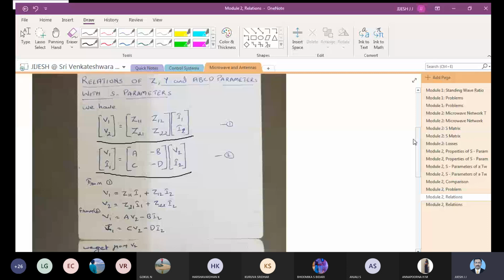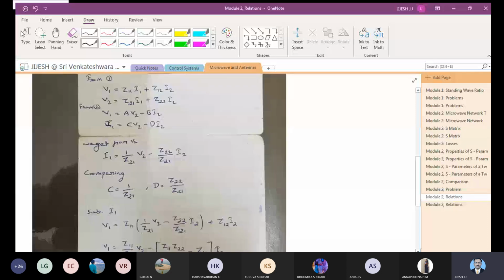These things you know already. So from the equation for V2, from this equation we are going to see. Just rearrange this equation, you can write I1 is equal to 1 by Z21 V2 minus Z22 by Z21 I2.